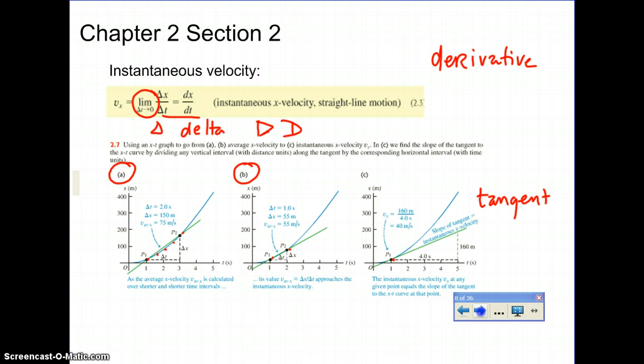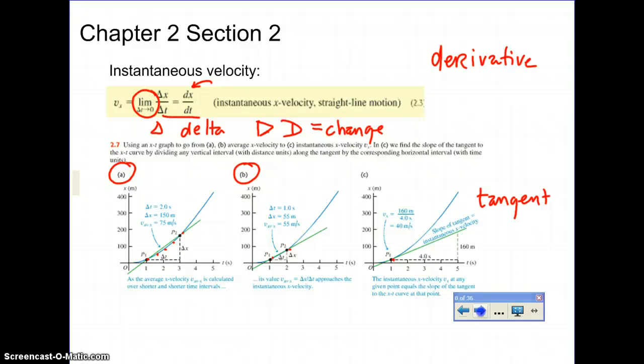Delta means changing, all right? But this is a capital delta. It means a big change in, over a long period of time or a large interval. The lowercase d also is a delta. That's actually the Greek letter delta, just a lowercase delta. And it also means change in, but it means teeny little changes in instead of really, really big changes in.